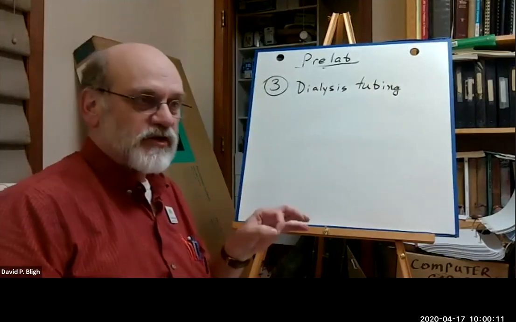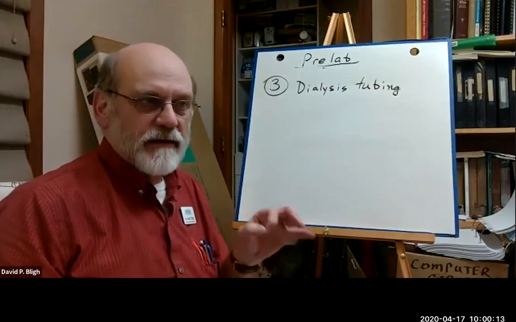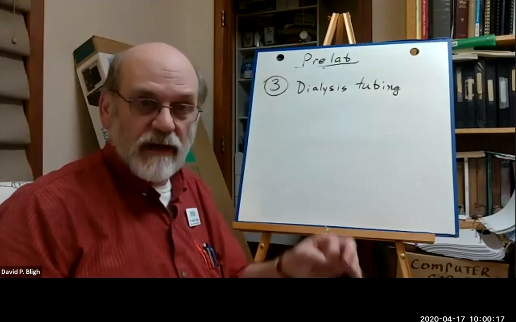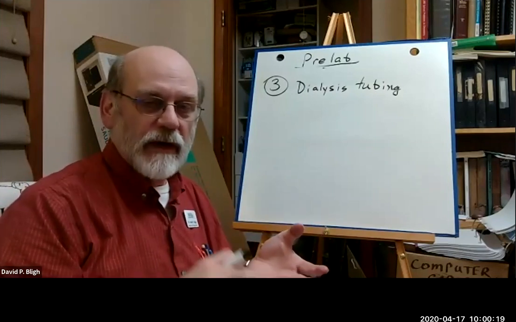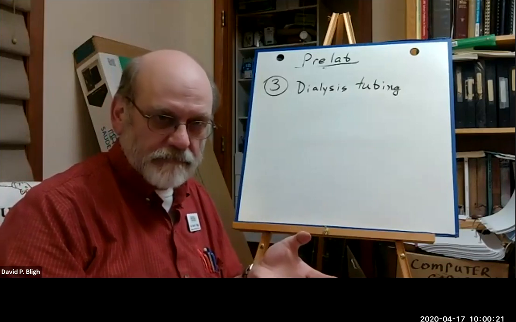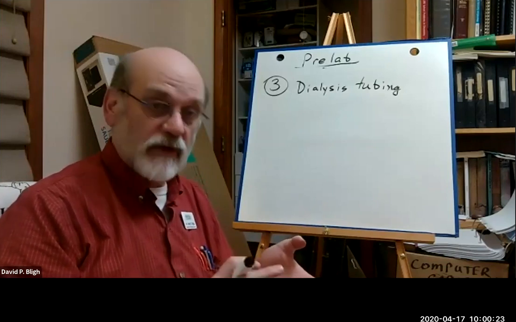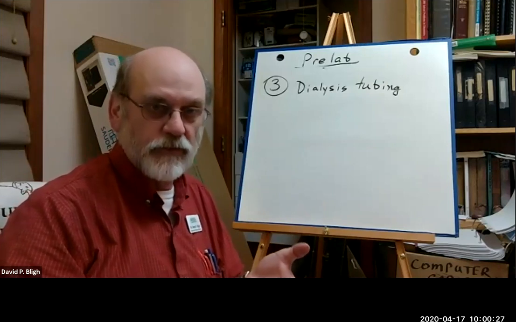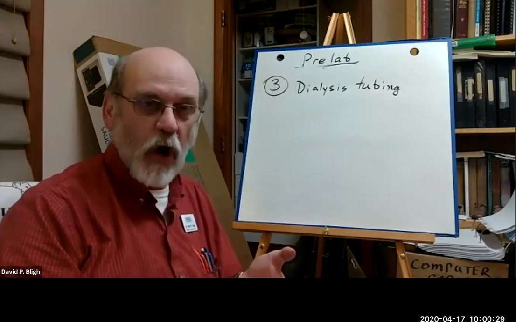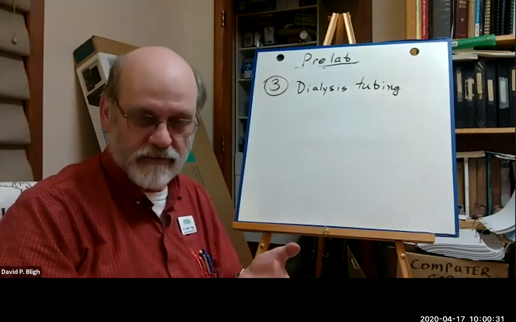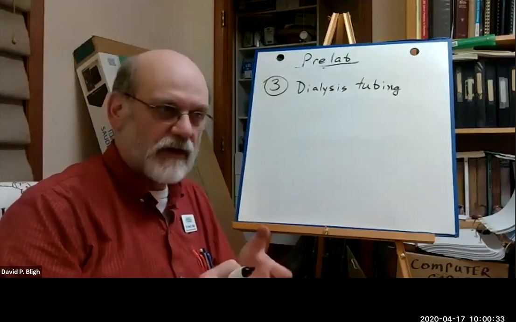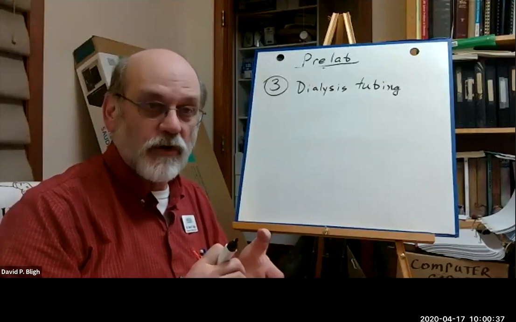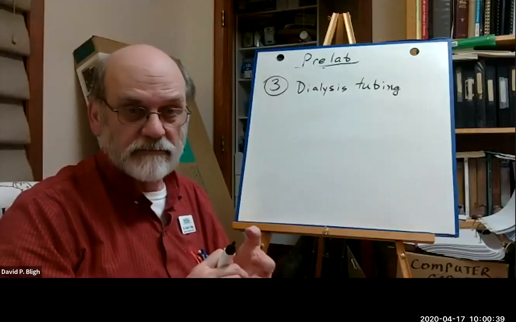Dialysis tubing, as a differentially permeable membrane, allows water and some larger molecules than water to pass through the membrane. But larger molecules are prevented from passing. Usually also it prevents charged molecules from passing.